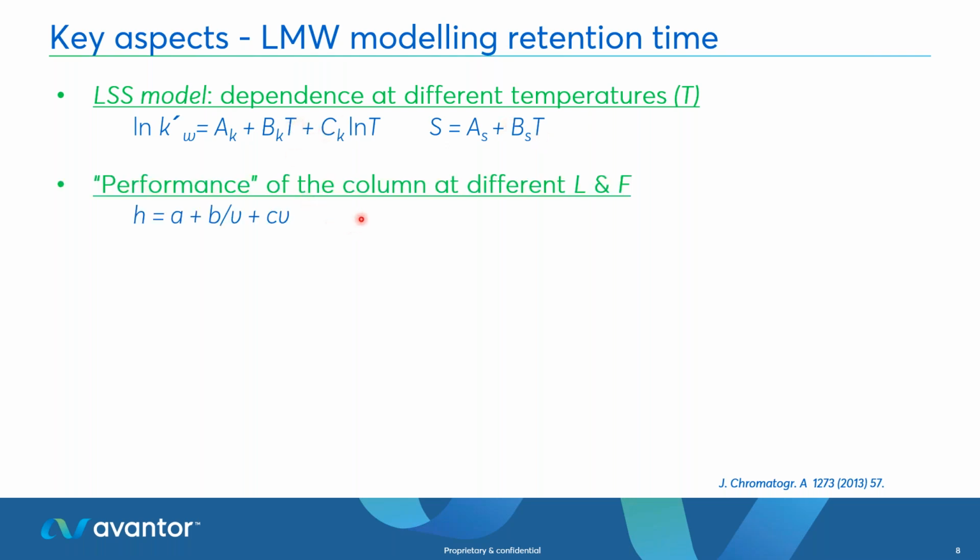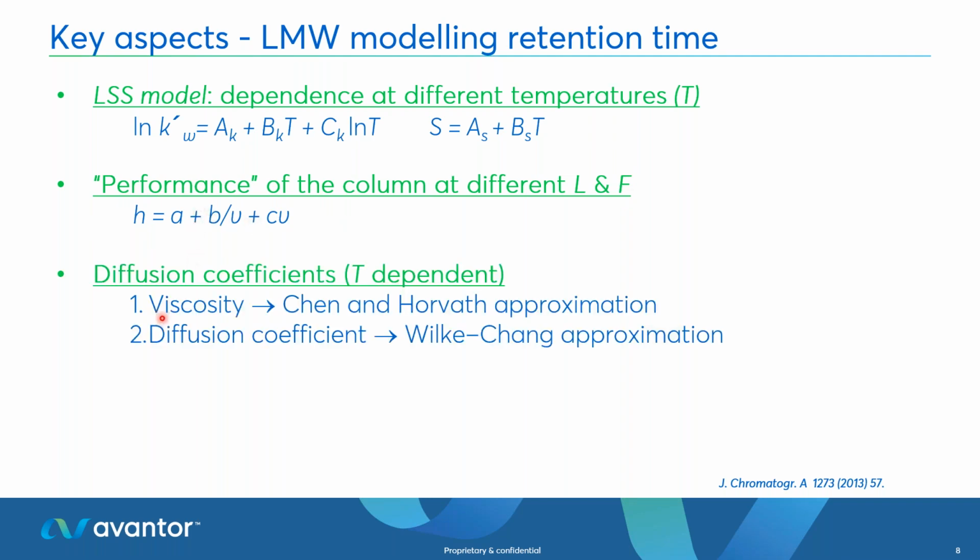Also, because we're looking at small molecule separations, we also wanted to integrate a part of the computational strategy that took into account whenever we change the column length and the velocity of our separation, or the flow rate. So the Van Deemter equation was really good for integrating this into our computational strategy.